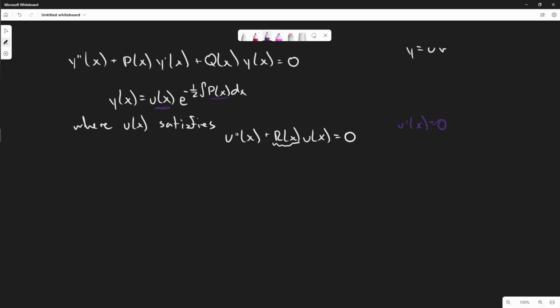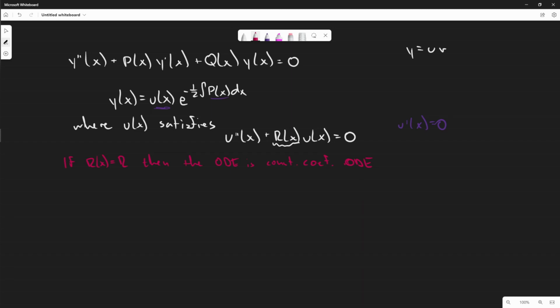And the second thing, which is like a special condition: if r of x is equal to a constant, then the ODE is a constant coefficient ODE that you can solve, like I mentioned in the previous one, using the table or method of characteristics or whatever floats your boat.